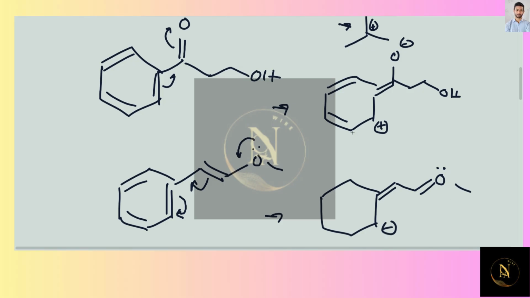So this is why the carbonyl group is withdrawing through resonance, whereas the conjugated double bond with a neighboring oxygen with this lone pair available is donating through resonance.